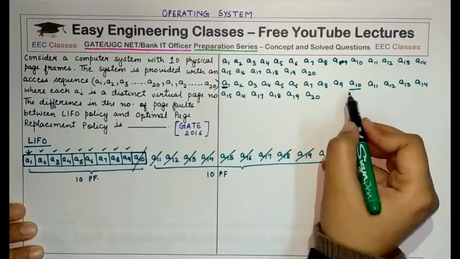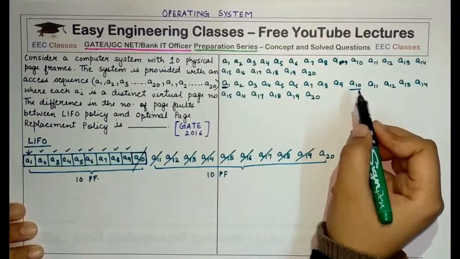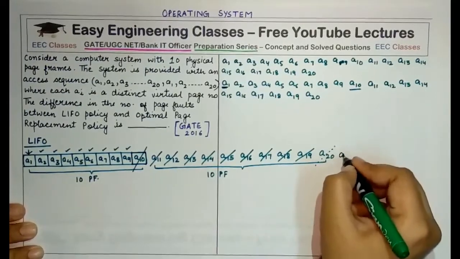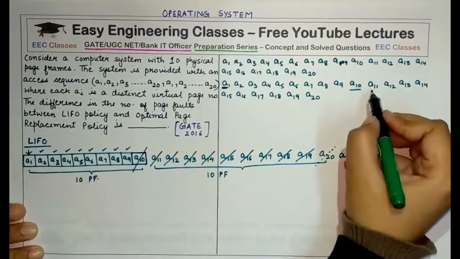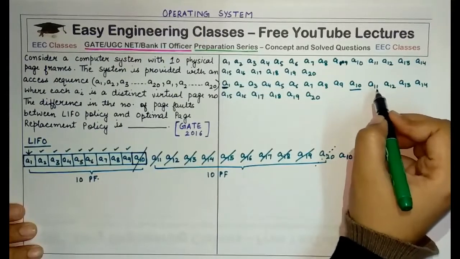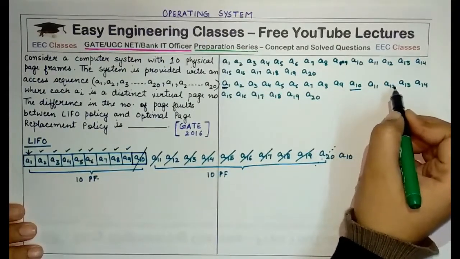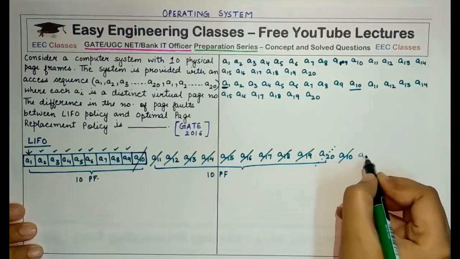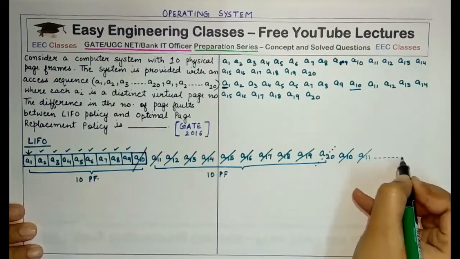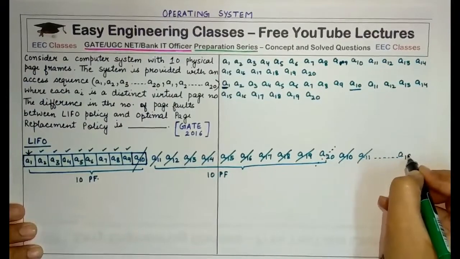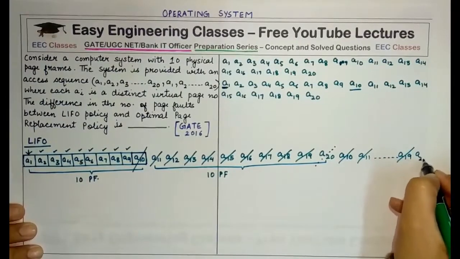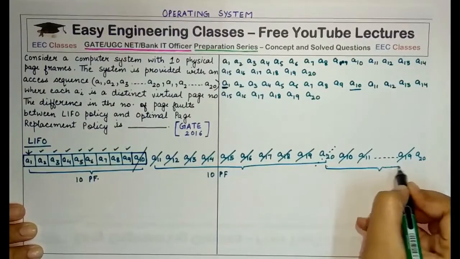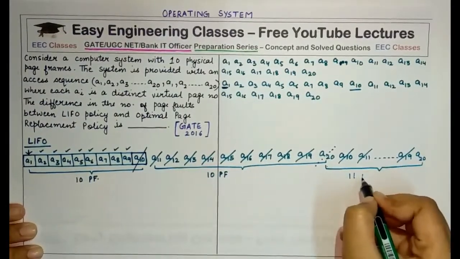So A10 would replace A20, and similarly, A11 would replace A10, A12 would replace A11 and so on till we get the last page as A20 again.